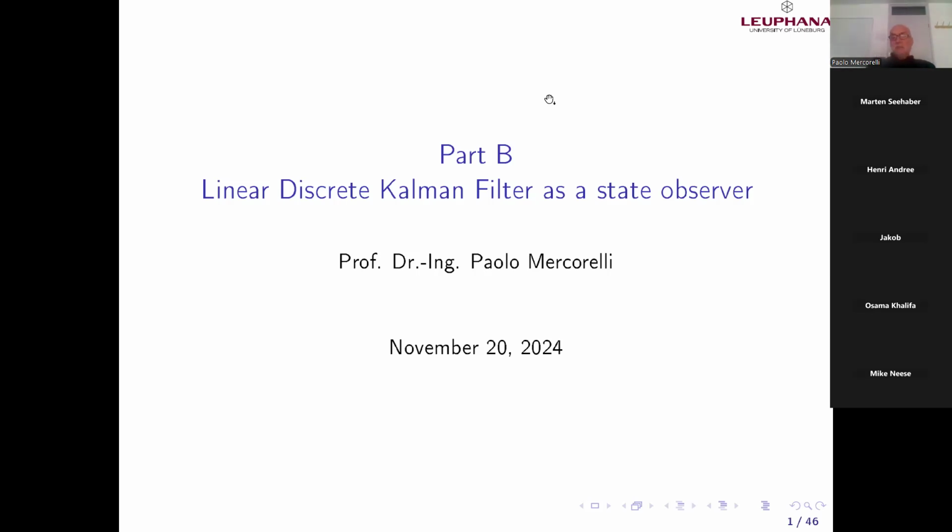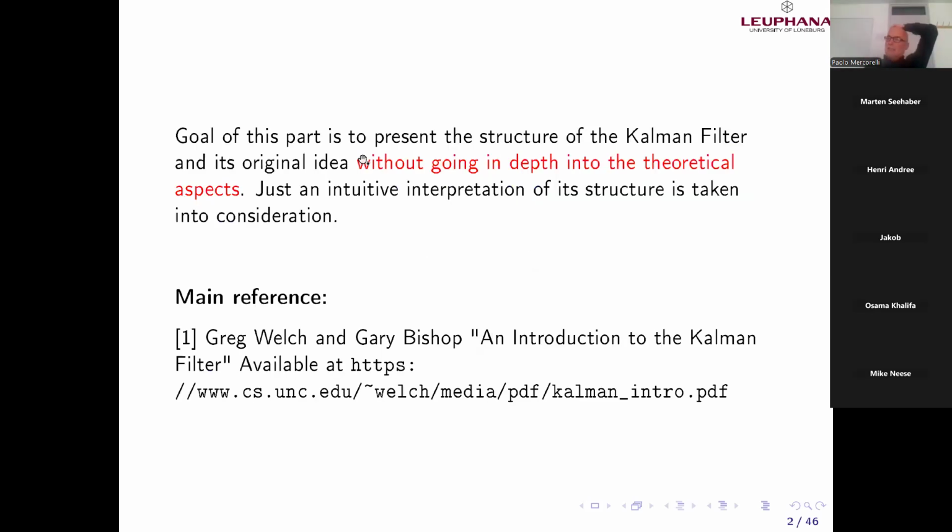Discrete, as I told you, I don't remember if I told you, the Kalman filter which we are considering is a discrete Kalman filter. We have also continuous Kalman filter, even though it's not very often applied, but we can also consider something like that. Again, I will proceed without going in depth into the theoretical aspects. Here we can find an impossible literature.